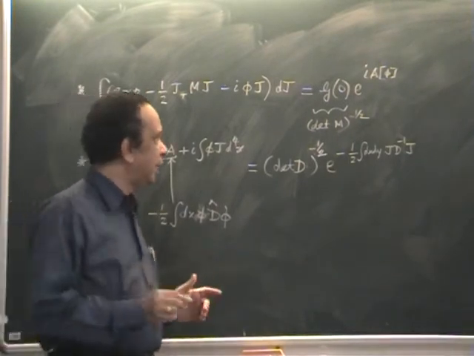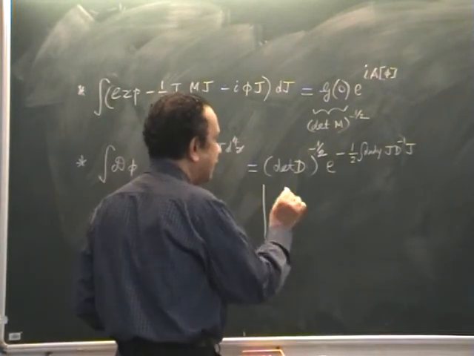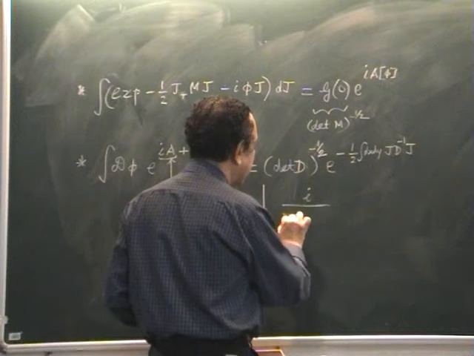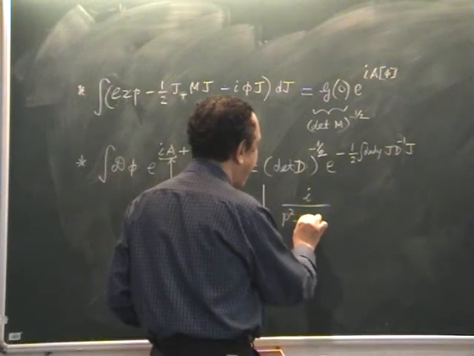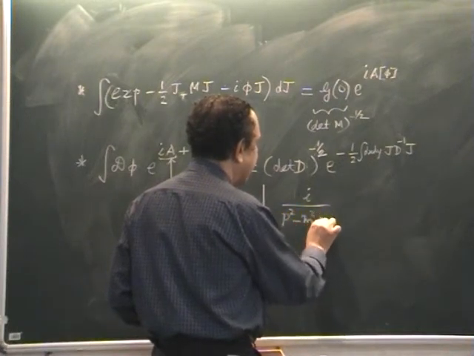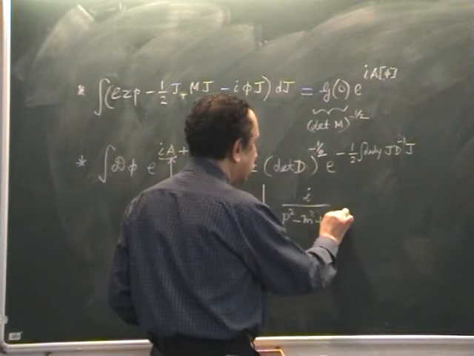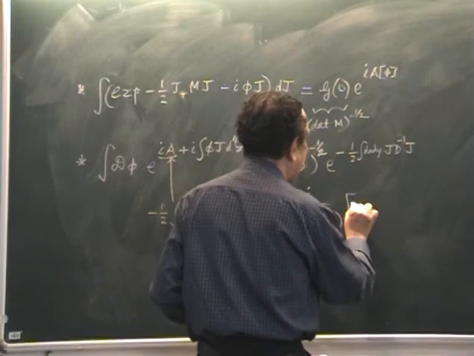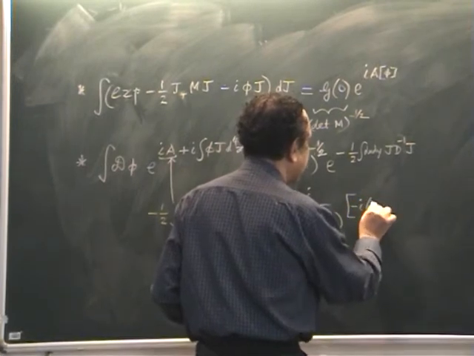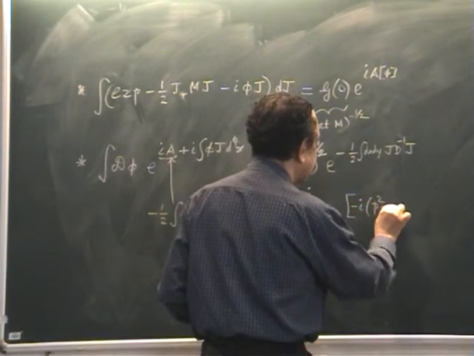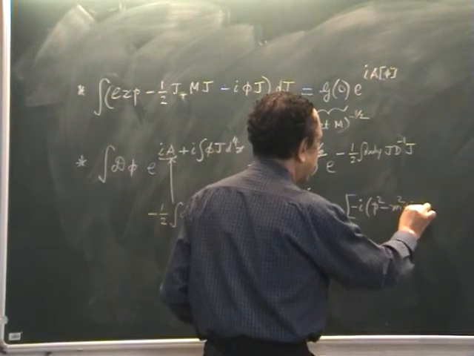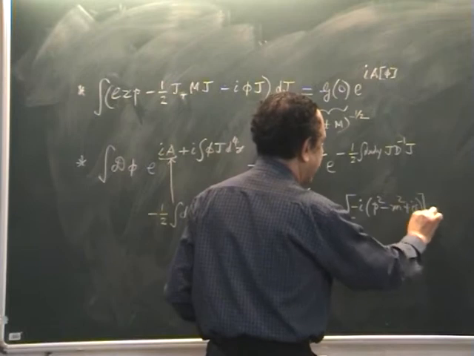What is involved in both these calculations is that you had an i over p square minus m square plus i epsilon. You multiply this by minus i into p square minus m square plus i epsilon, and you get 1.